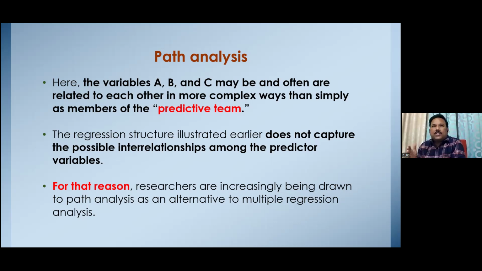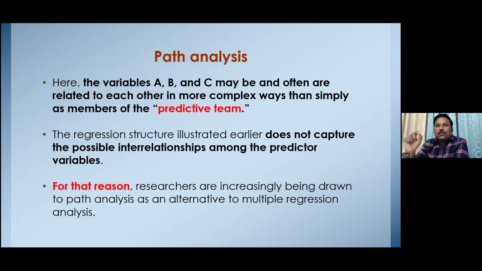That's the difference between path analysis and multiple linear regression, because the regression structure I just illustrated does not capture the possibility of any interrelationship among the predictor variables A, B, C.